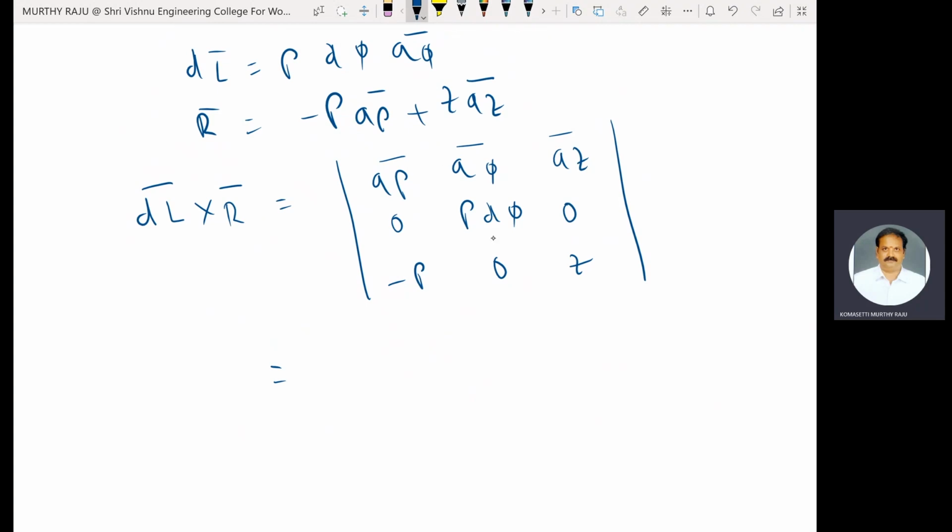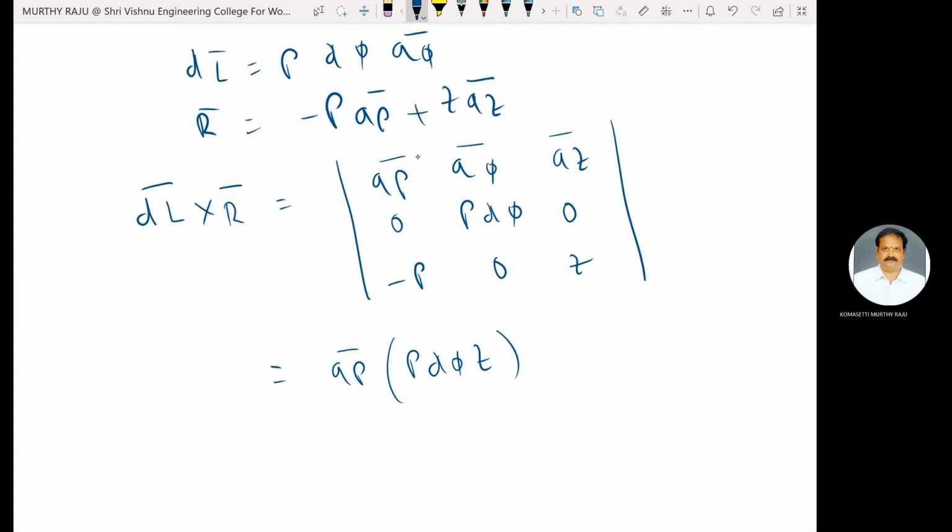Expanding the determinant: a rho bar into rho d phi z minus 0, need not mention. Then a phi into 0 times z minus rho into 0, that is 0.